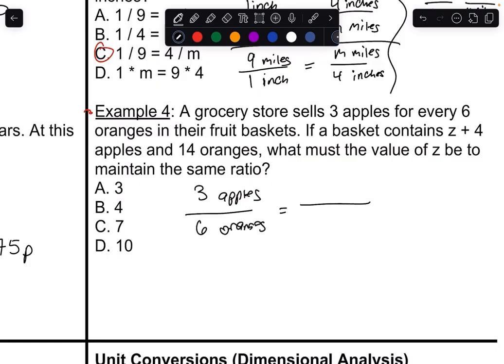And now we want to see if you have 14 oranges and you have Z plus 4 apples. Interesting. What must the value of Z be such that it's the same ratio? As in, what should the value of Z be if this is truly a proportion? Couple different ways to approach this.